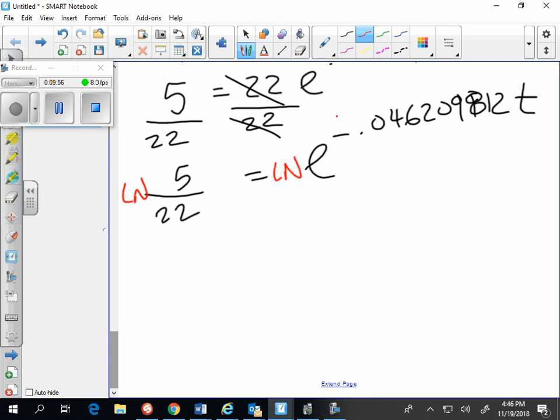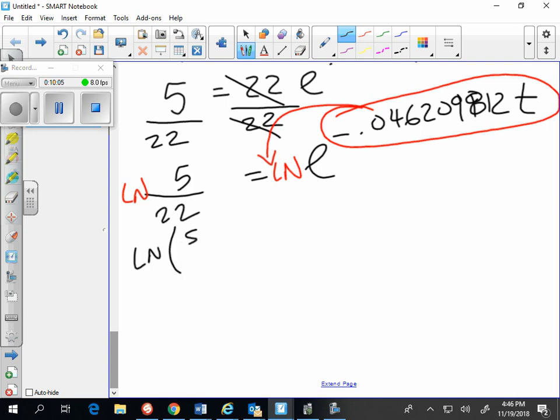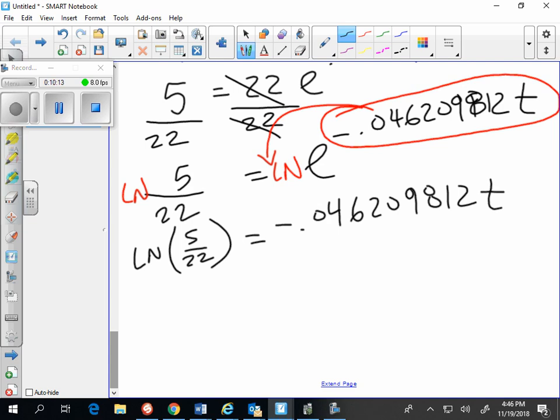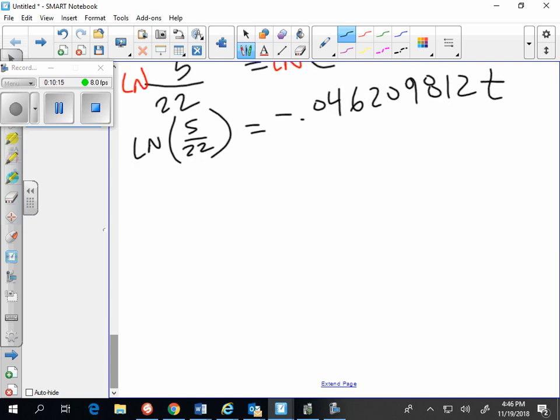When we take the ln of both sides, we can take this exponent and bring it down in front. So we've got the ln of 5 over 22 equals negative 0.046209812 t. Okay, so in order to get t by itself, I'm going to have to divide both sides by this rate.